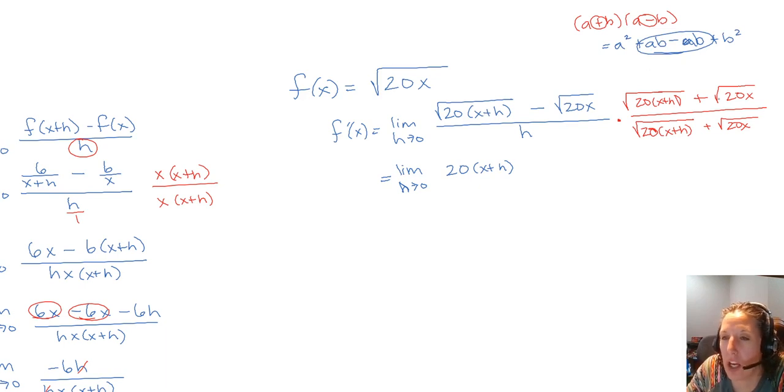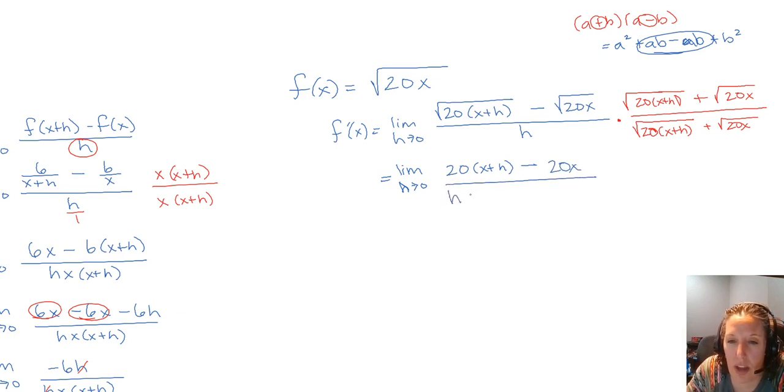If we multiply our outside terms, we get the square root of 20 times x plus h times the square root of 20x, and if we multiply our inside terms, we get that same factor except negative. So they're going to add to 0, and if we multiply last times last, we're going to get minus 20x, since the square root of 20x times itself is going to cancel out that square root.